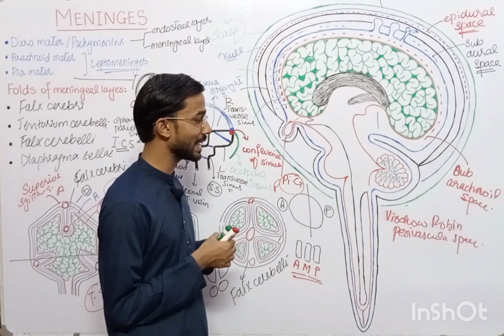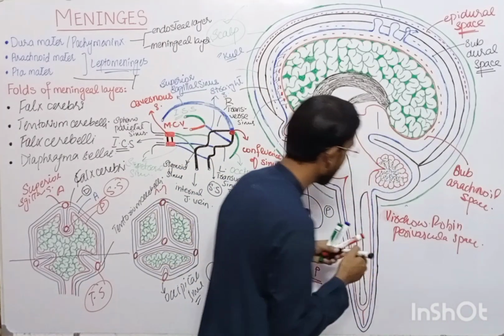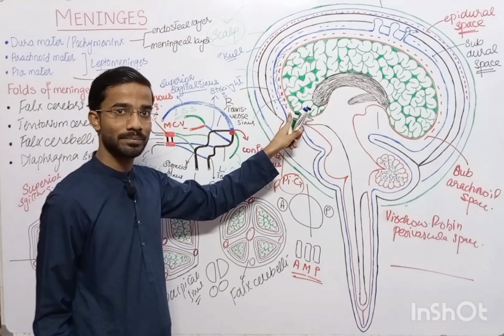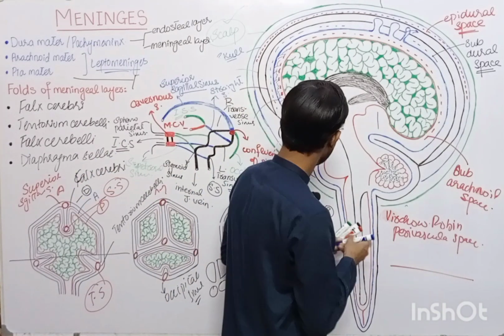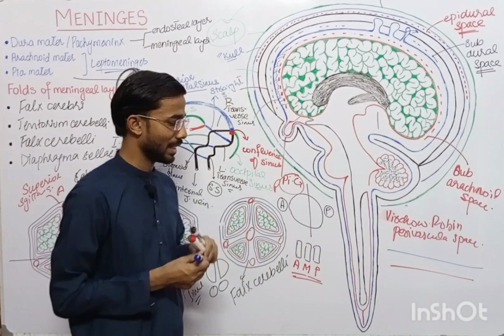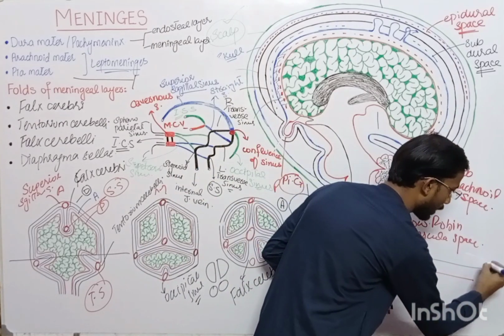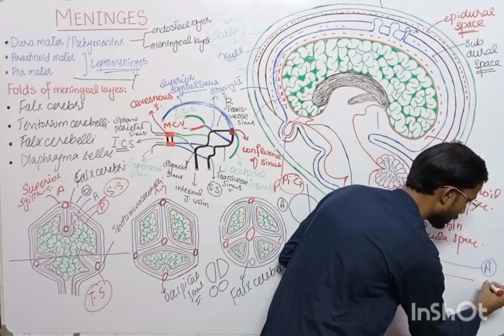What is it? You can see here this is the pia mater, and this is the arachnoid mater. This is the pia mater. This is the arachnoid mater. This is arachnoid and this is pia mater.